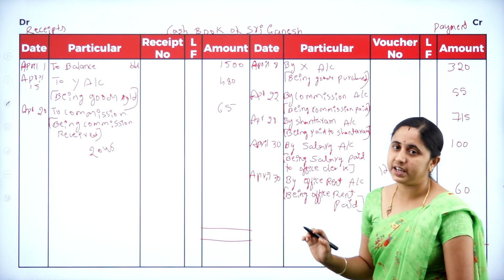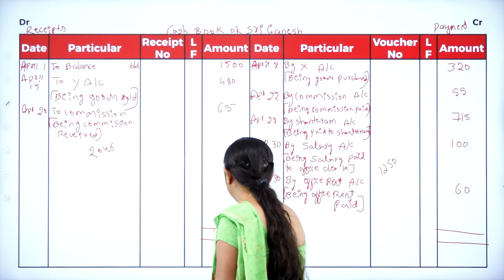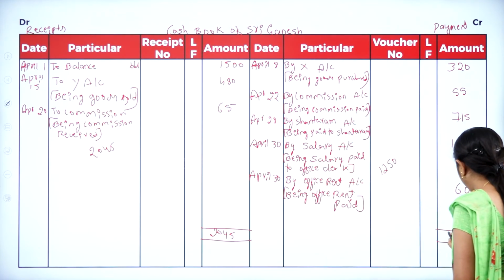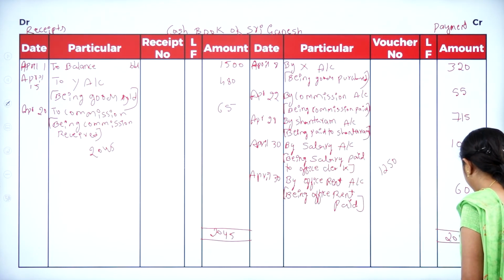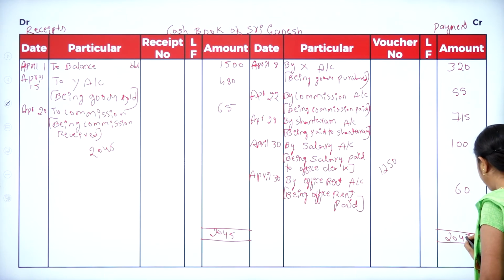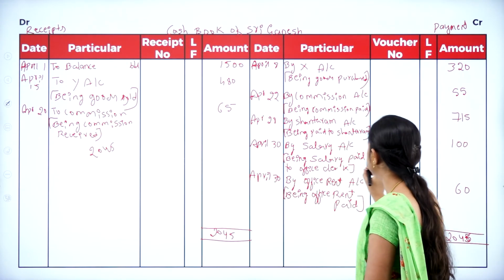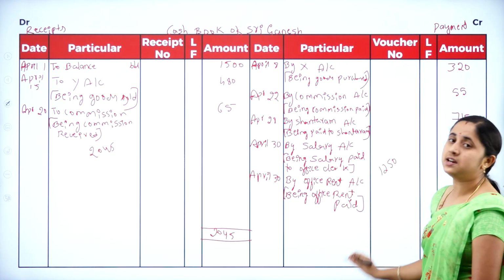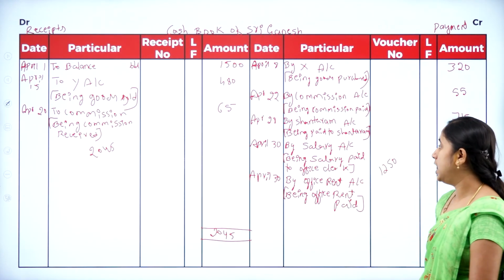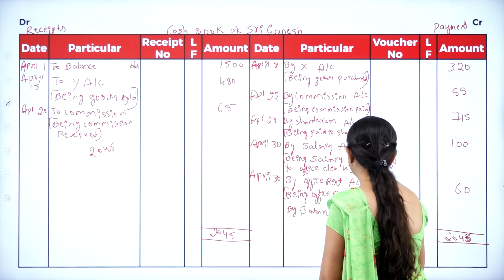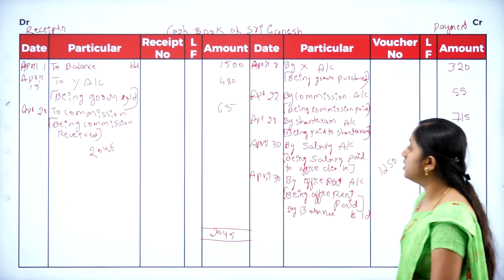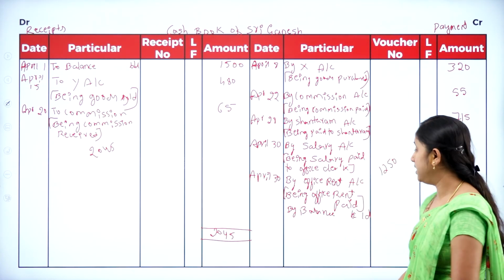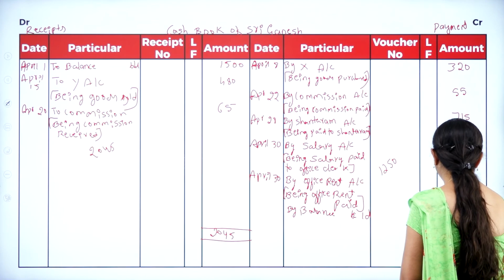Write whichever is higher, so 2045, on both the sides. Then find the difference, 2045 minus 1250, and write it as by balance carry down. The difference between 2045 and 1250 is 795. So write 795.